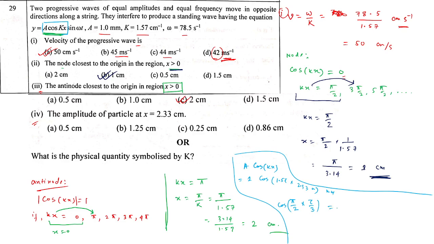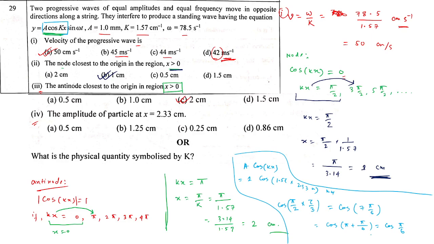Basically this is cos 7 pi by 6. We can write it as cos 7 pi by 6, that is pi plus, if we choose here pi by 6, check if it is correct or not. 6 7, yes, 7 pi by 6. So cos of pi plus pi by 6 will remain cos pi by 6.